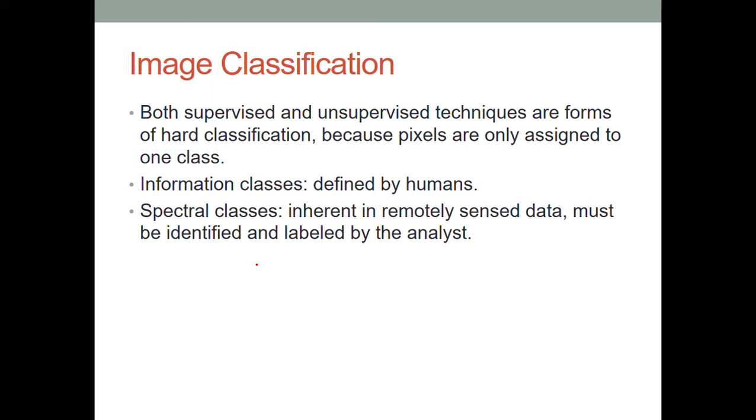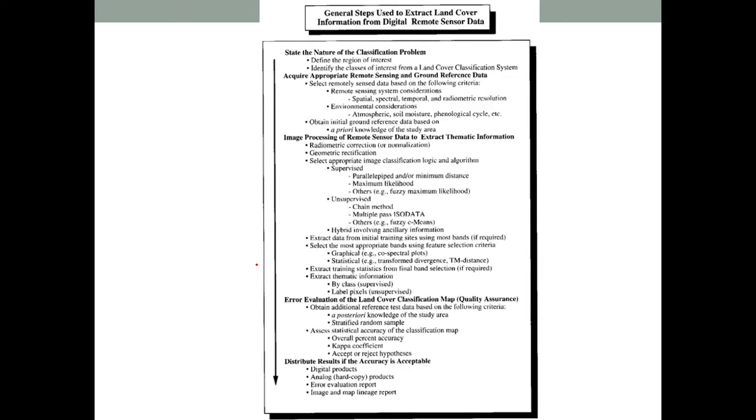Information classes are defined by humans, while spectral classes are inherent in remote sensing data, and therefore must be identified and labeled by the analyst. So the computer might decide the classes, but the analyst will decide on the names of the classes.